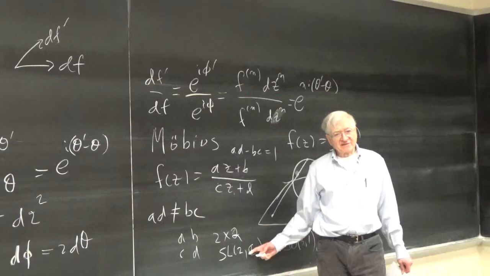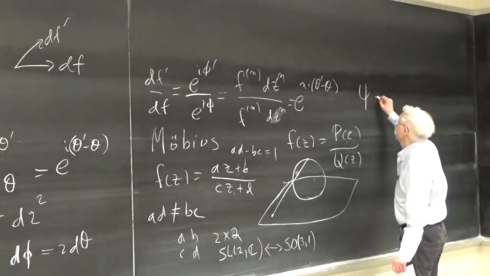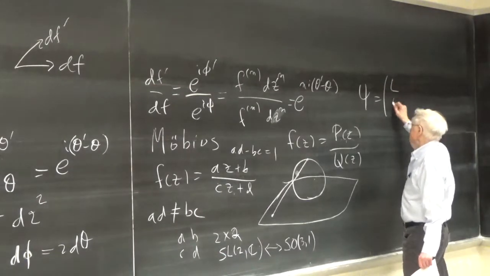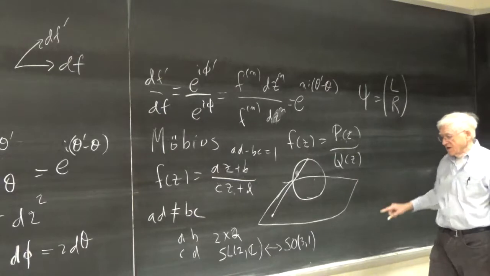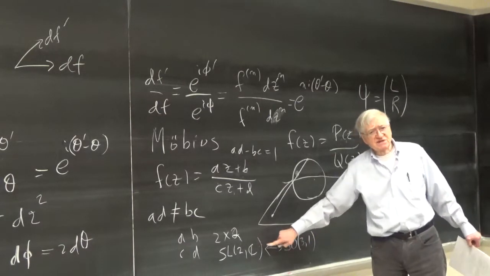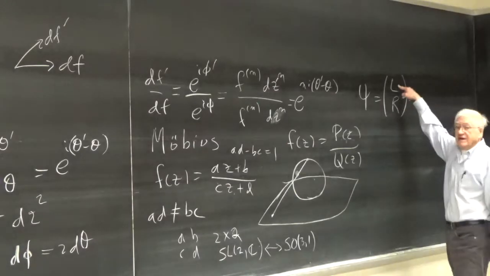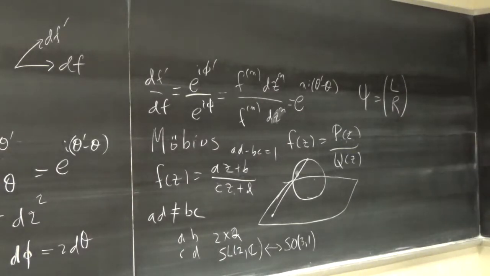If you talk about left-handed and right-handed spinors, in other words, you write a Dirac field, which has 4 components, as a 2-component left-handed field and a 2-component right-handed field. This group has 2 inequivalent 2 by 2 representations, and one acts on L and the other acts on R. Okay, I think I've said enough there.